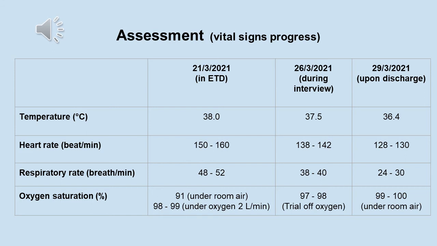Upon discharge on 29th of March, her temperature was 36.4 degrees Celsius with a heart rate of around 128 to 130 beats per minute, a respiratory rate of 24 to 30 breaths per minute, and oxygen saturation of 99 to 100% under room air. So on 29th of March, upon discharge, her vital signs were more stable compared to during the interview and in ETD.